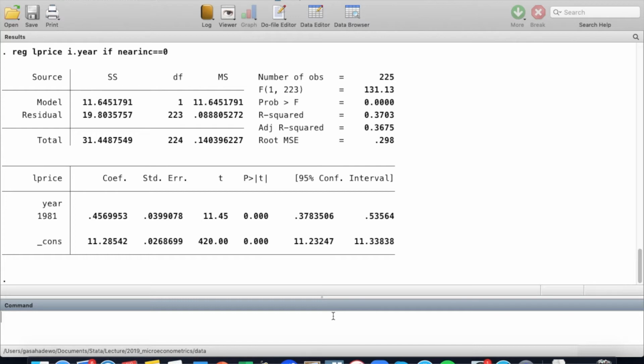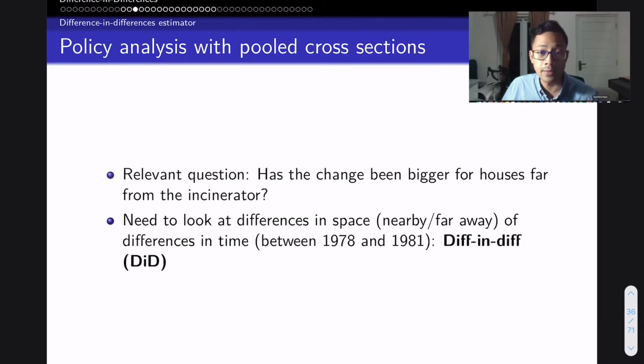So in particular, we need to look at the differences in space, in this case nearby and far away, and differences in time. So between 1978, that's before the garbage incinerator was established, and 1981, after the garbage incinerator was actually established. This particular method is referred to as the diff in diff, or usually just the DID.